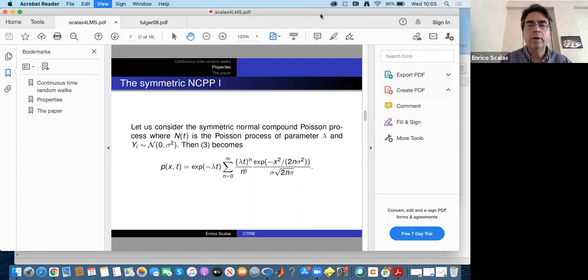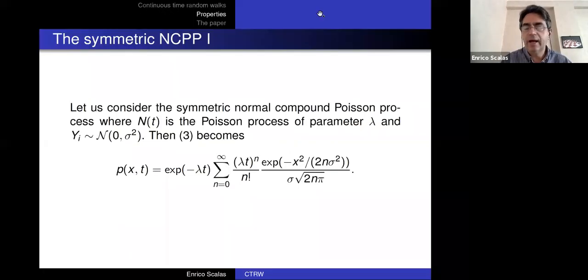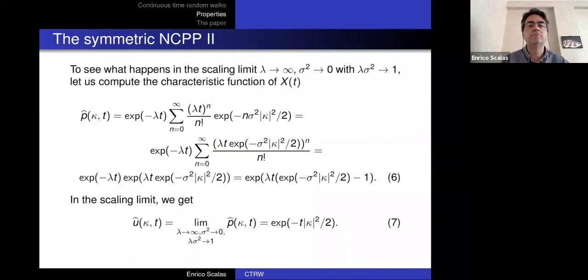Very good. Now, how can we connect this result to the diffusion equation? If you remember, in one of the exercises I was asking you to see what happens when you simulate the Poisson process and send lambda to infinity, and simulate the Wiener process, a random walk with normal jumps, but then send sigma squared to 0.